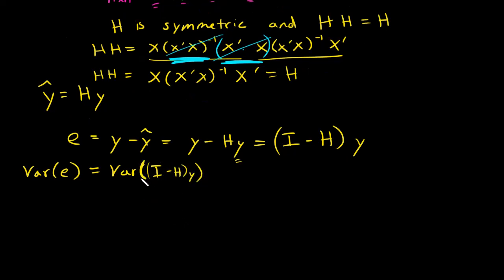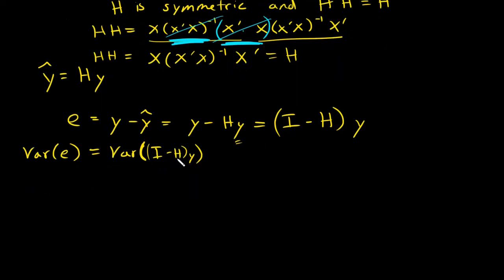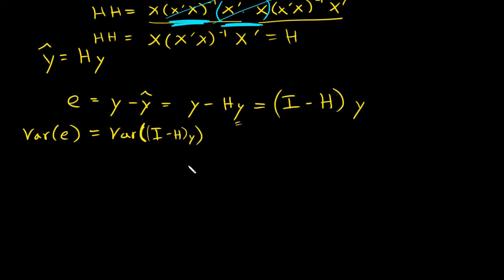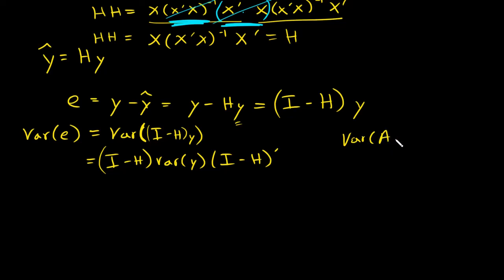Basically this is a non-random matrix, because H only involves X's, which are non-random, times y, which is random. So this equals (I minus H) times the variance of y times (I minus H) prime. Remember this property of the variance: the variance of A times y, where A is non-random, is A times the variance of y times A prime.